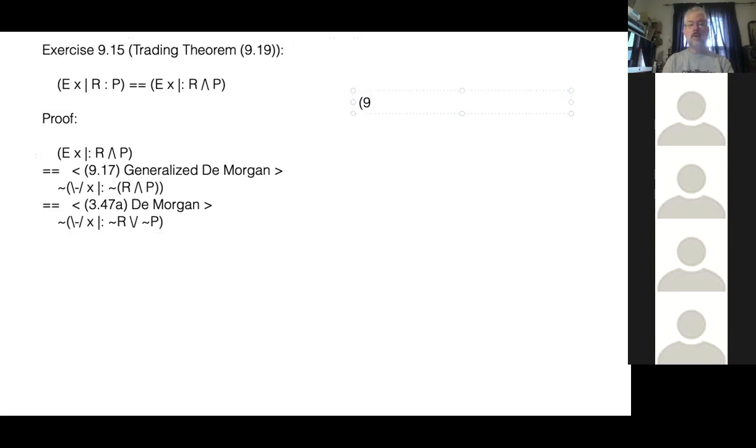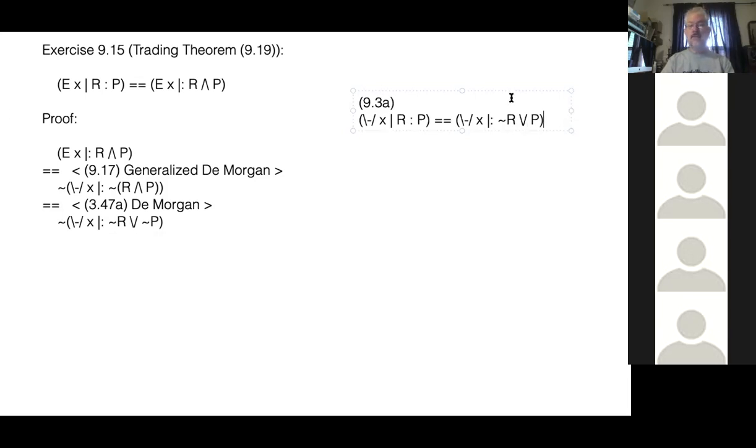So 9.3a says, for all x, R P, that's equivalent to for all x, colon, not R or P. And that's really nice, right?